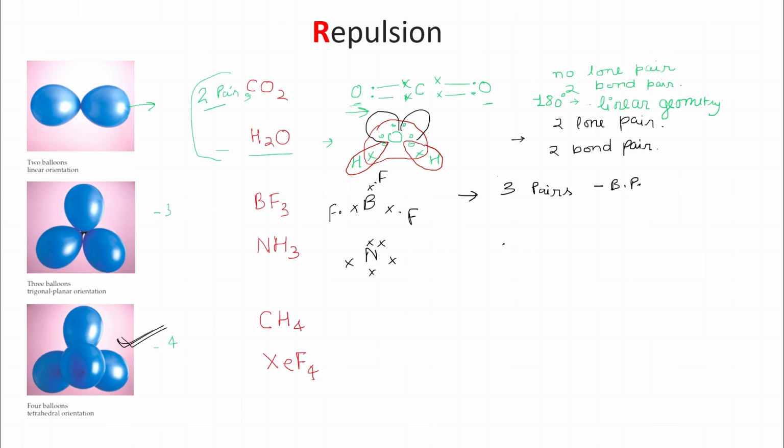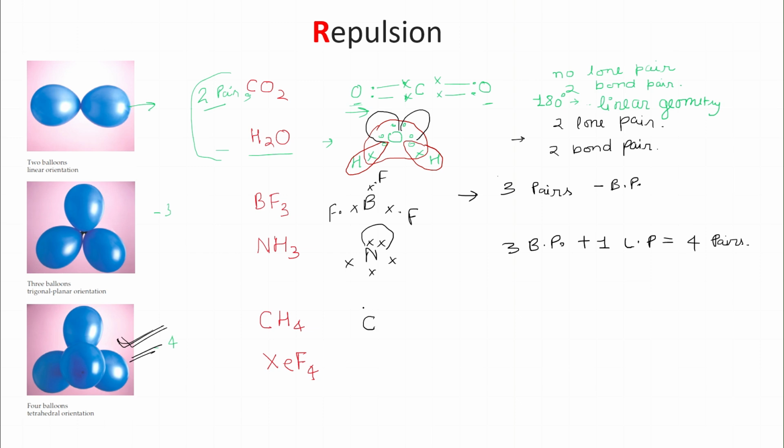In this case, 3 bond pairs plus 1 lone pair, like we saw last time. So the total is 4 pairs, and 4 pairs, like we saw, will be arranged in a tetrahedral geometry only.